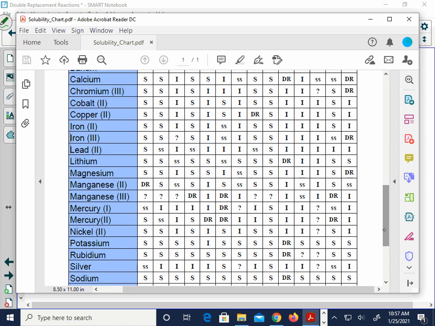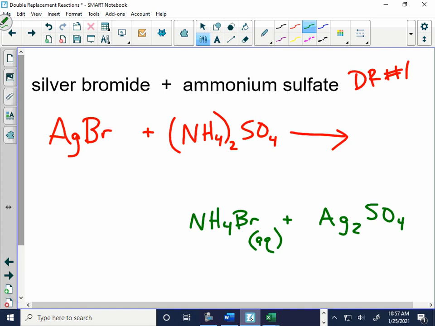Only a little part of this will dissolve. So if you get an SS, we're going to treat that like it's an I. That's why I put this one on here, because this slightly soluble one is very much insoluble. So have I met my parameters? Yes, I have. So will this reaction occur? Yes, it will.